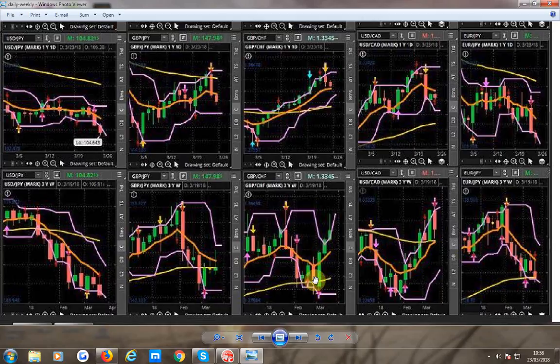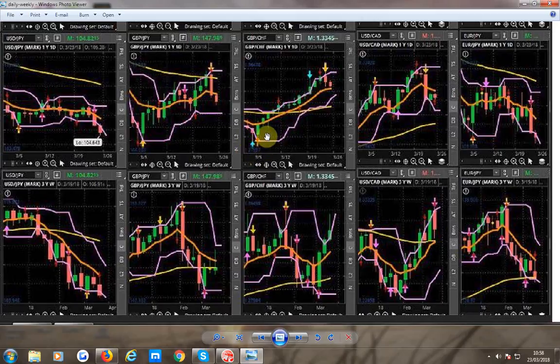Just one more thing while I'm here. There is a perfect setup here. You've had this GBP Swissy going up here. It was a bit messy to start with, but then that's 3 weeks. That was a 500 pip move. This here, blue, red, pink, yellow, that is the perfect reversal setup.